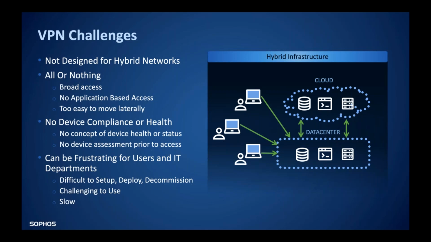It was really never designed for this kind of network where you're constantly connecting millions of people every day into networks, and it's designed to just give you broad access. Like you're on the network, you have access to everything. There's no granular control with VPN as to who can access what.